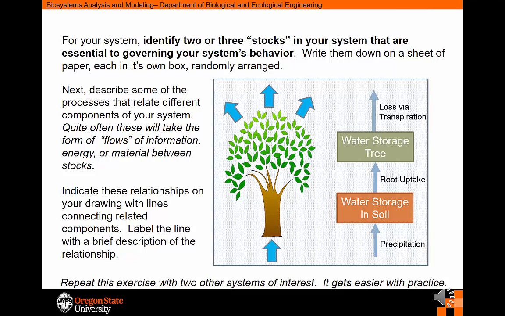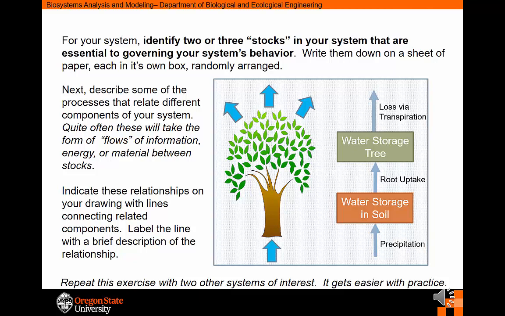Now it's your turn. Imagine a system of interest. Identify two or three stocks important to this system and write them down on a piece of paper, each in its own box. Then consider relevant processes that connect or control those stocks. These often take the form of flows of material, energy, or information in your system.